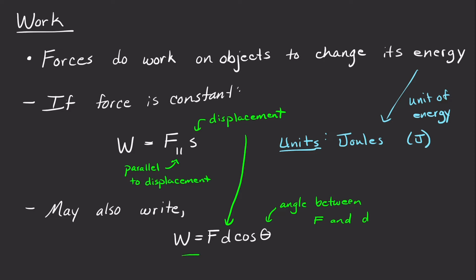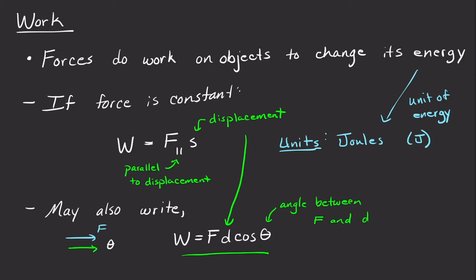And anytime you see a formula like this, where it's two things multiplied together times cosine or sine of some angle, that angle tends to be the angle between the two variables in front of it. So we may draw a force to the right, maybe it's pushing an object, and the displacement is also to the right.